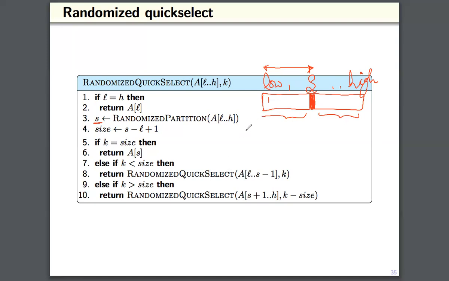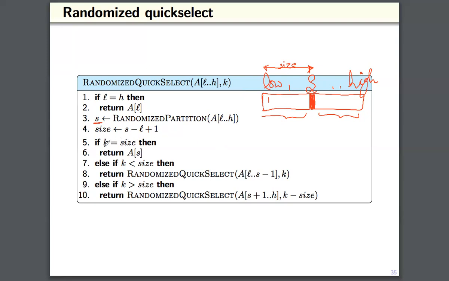We will see that. Now size is equal to S minus L plus 1. The length of the first part is size, that is S minus low plus 1. Now what do we do?